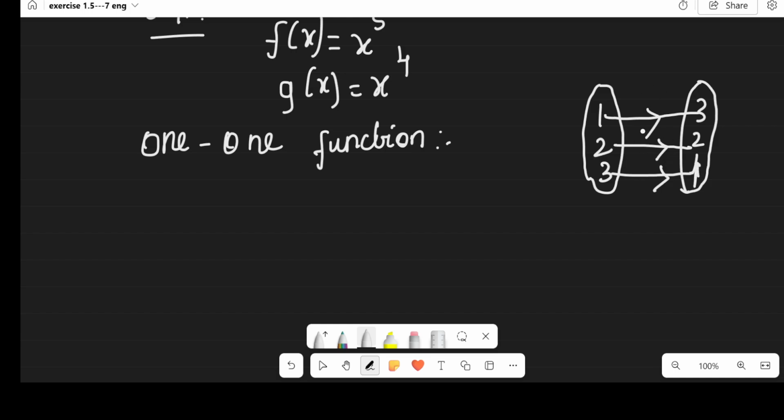Here, all the inputs should have different outputs. We don't get the same outputs for different inputs. For 1, we are getting output 3, and for 2, we are getting output 2.